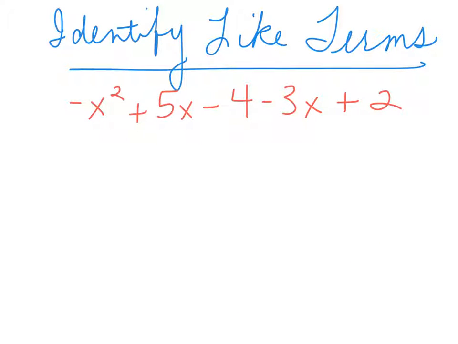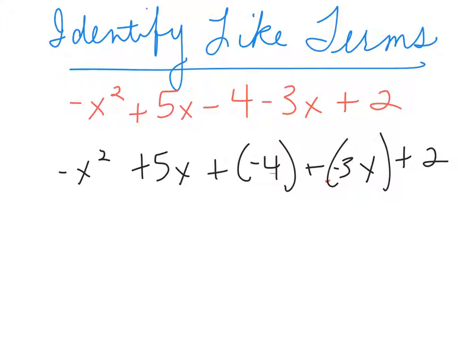So let's talk about how we identify like terms if you have an expression. Let's say we have negative x squared plus 5x minus 4 minus 3x plus 2. The first thing we would do is begin rewriting the expression as a sum.